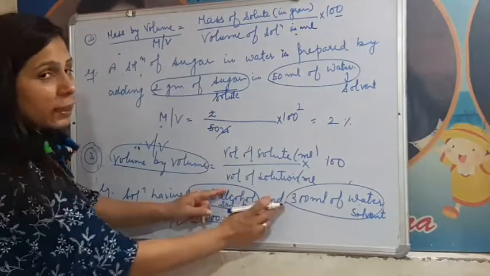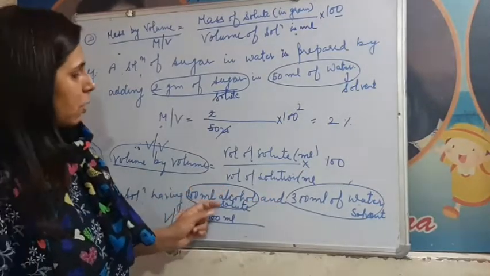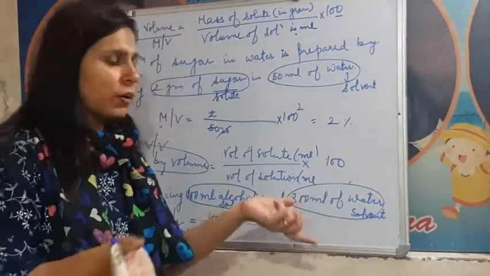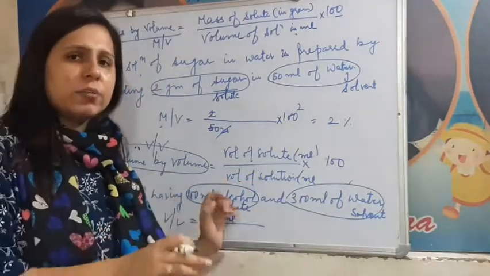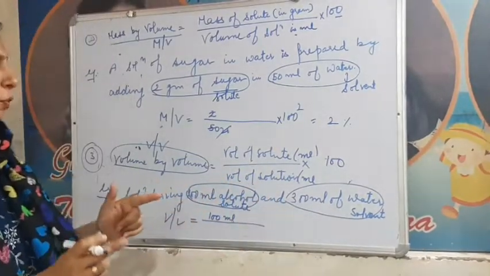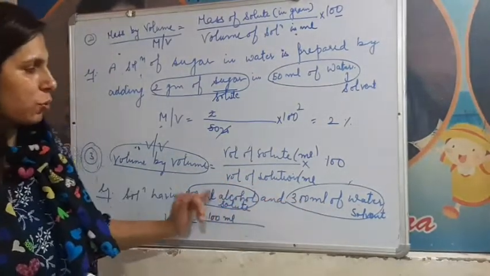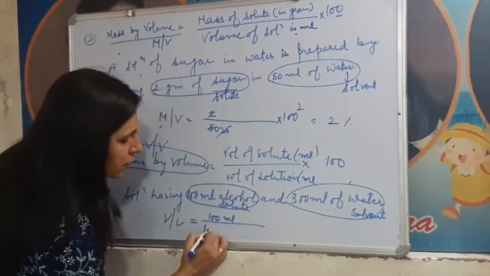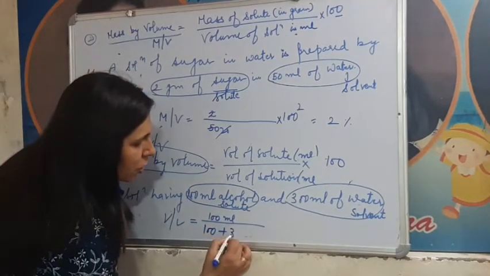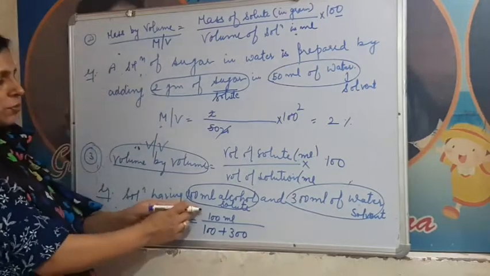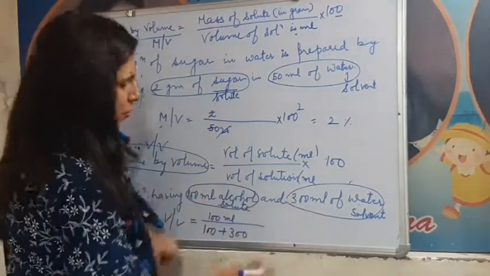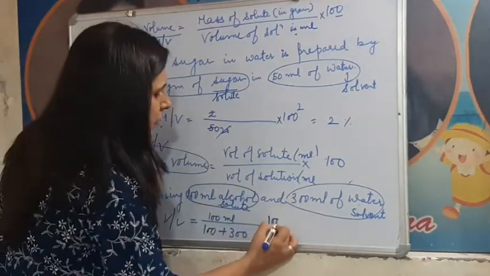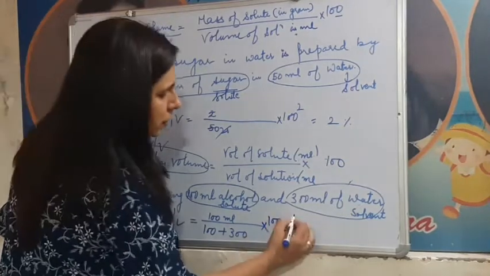Now they both are liquid. When solute is also liquid, solvent is also liquid, and you are adding these two liquids, the final result will be the combination of these two. So the volume of solution will be the addition of amount of solute and amount of solvent, and then multiply it by 100.